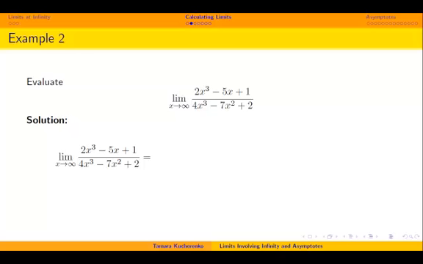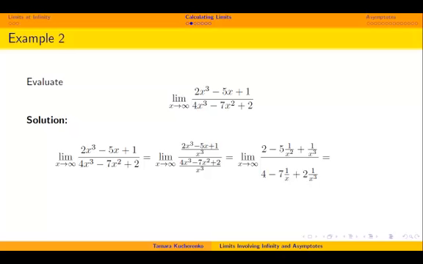In this case, the highest power of x in the denominator is x cubed. So we divide the numerator and denominator by x cubed. We divide each term and obtain 2 minus 5 times 1 over x squared plus 1 over x cubed divided by 4 minus 7 times 1 over x plus 2 times 1 over x cubed.